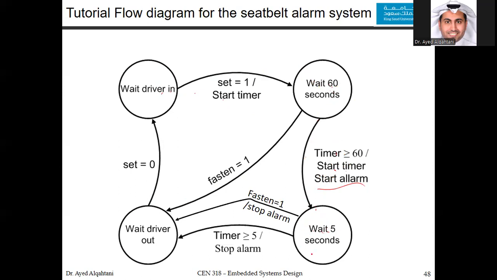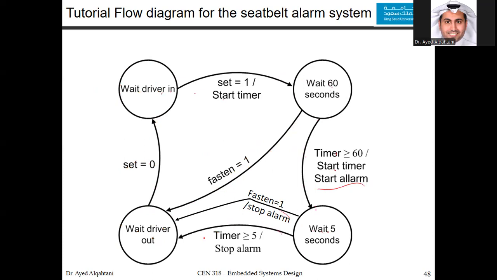And then after waiting for 5 seconds, you move to the other state, which is waiting for the driver to get out. Once he gets out, meaning that the sit is equal to 0, you go to the original or the initial state. Notice that when I draw this initially, I didn't work out this arrow or these two arrows.